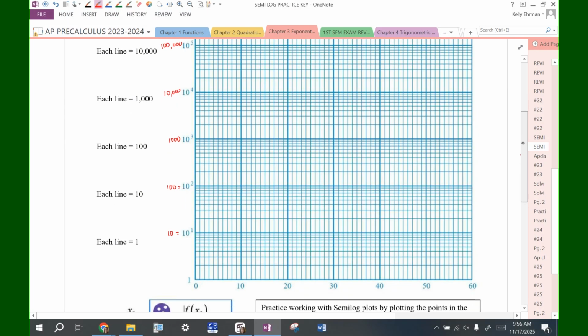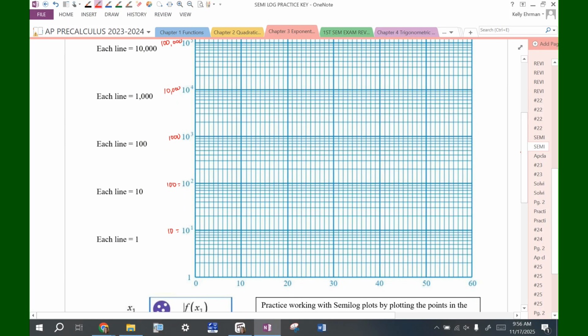And then why are the lines weird? Well, because the scale is changing in every section. So in this section, each line represents one. So here we've got 1, 2, wait, is 1 down here? No, sorry, 10 to the 0. 1, 2, 3, 4, 5, 6, 7, 8.